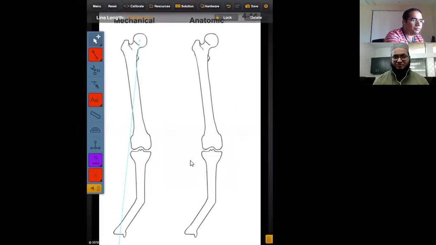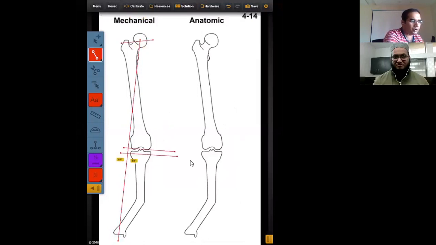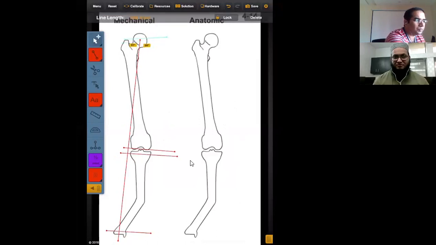We have drawn the mechanical axis of the limb, then joint orientation lines. Let's just move to the tibia quickly.